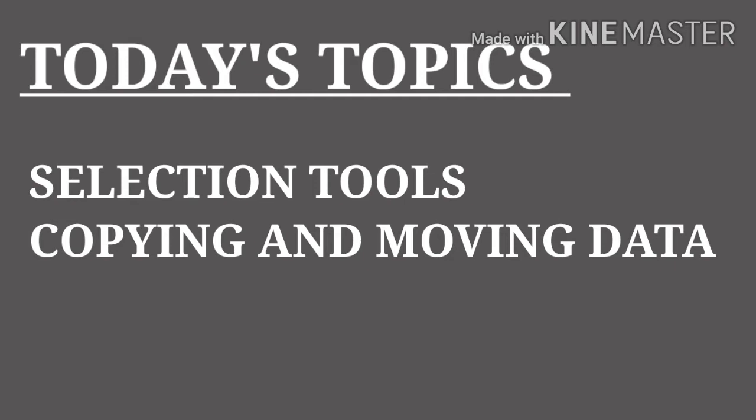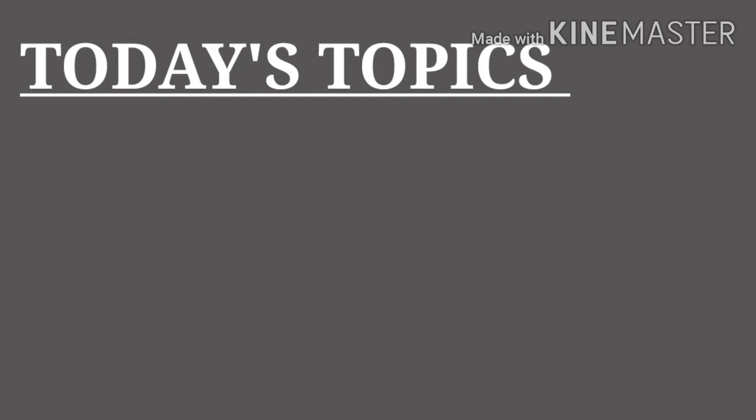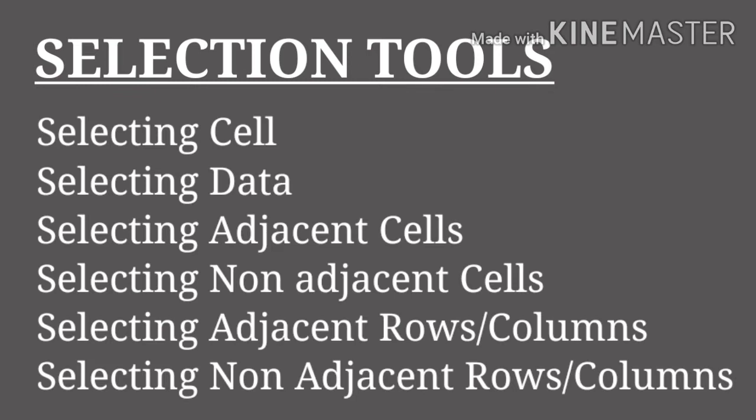So the first is about the selection tools, which includes how can we select a cell, then how can we select data inside that cell, then how to select adjacent cells and how to select non-adjacent cells. So what do you mean by adjacent, children?